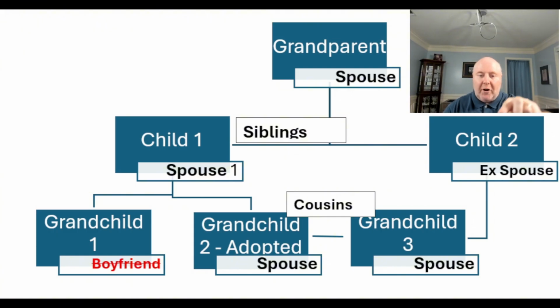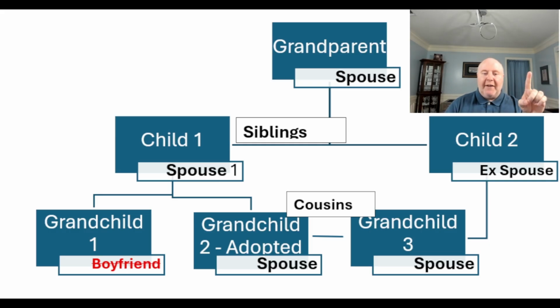Child 1 is married and child 2 has an ex-spouse. Guess what? Grandparent and spouse count as one. So do child 1 and spouse 1, child 2 and spouse 2, ex-spouse, right? They all count as a single shareholder. We only have one shareholder so far.